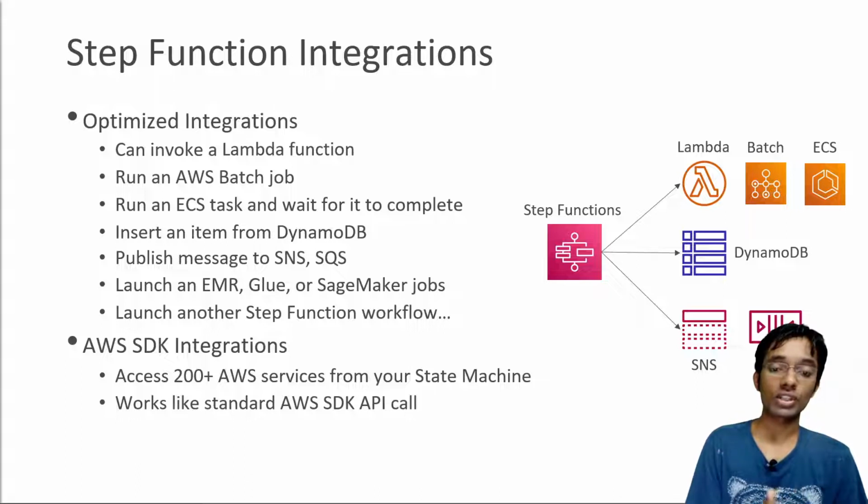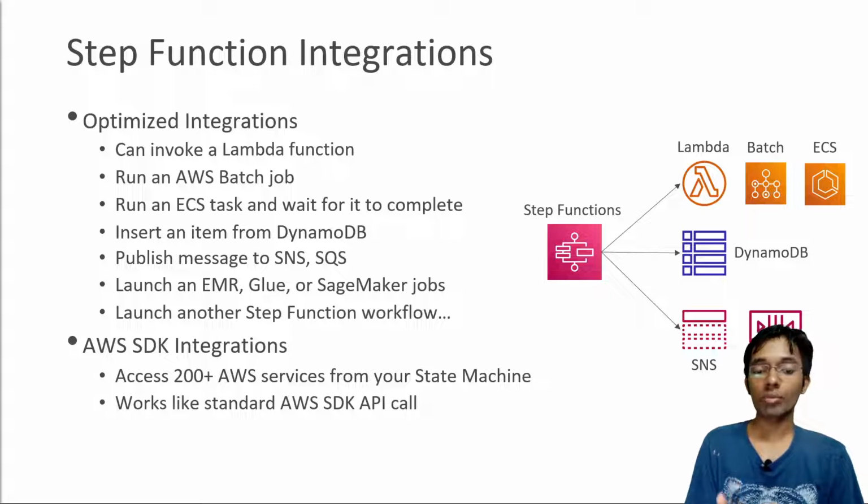They can launch EMR (Elastic MapReduce) jobs, Glue jobs, SageMaker jobs, and so on. They can launch another Step Functions workflow also, and then using the AWS SDK integration, you get access to over 200 AWS services directly from your state machine, and it works like a standard AWS SDK API call. So Step Functions are very versatile.